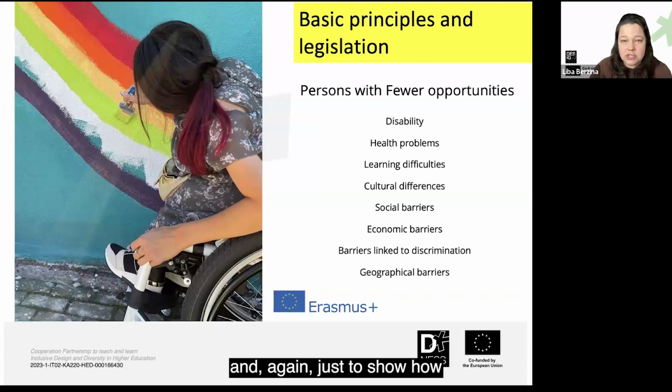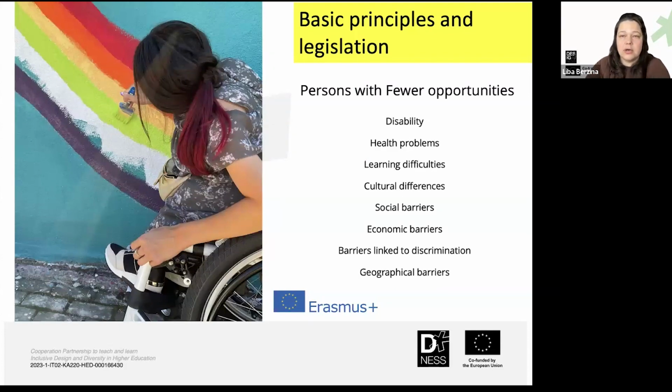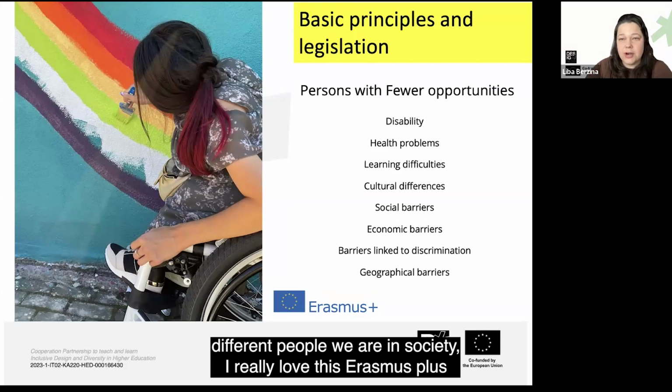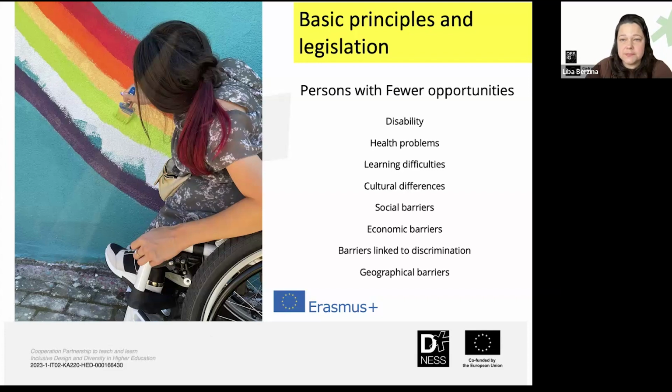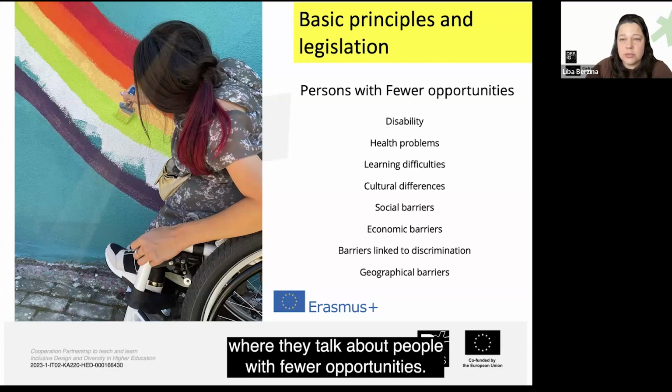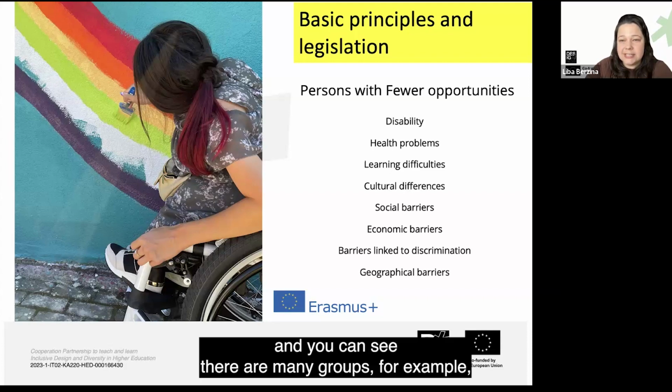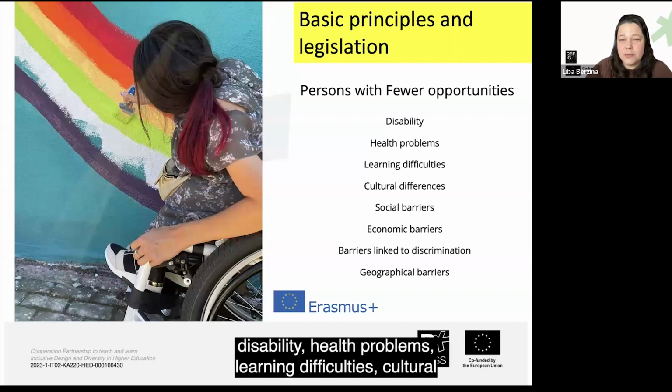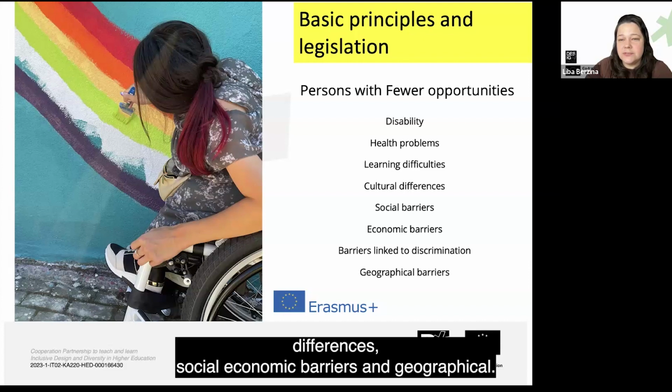And again, just to show how different people we are in society, I really love these Erasmus Plus categories where they talk about persons with fewer opportunities. And you can see there are many, many groups, for example, disability, health problems, learning difficulties, cultural differences, social, economic barriers, and geographical.